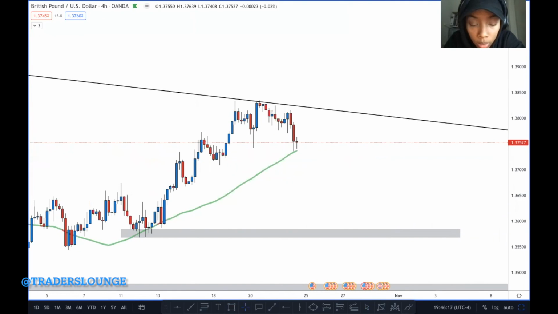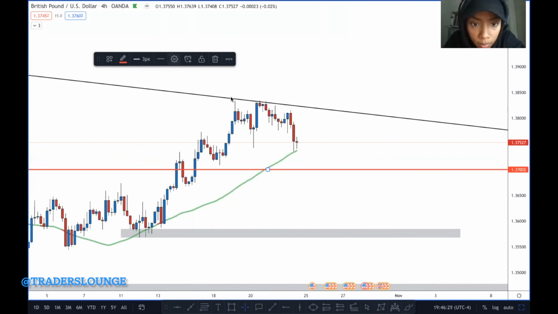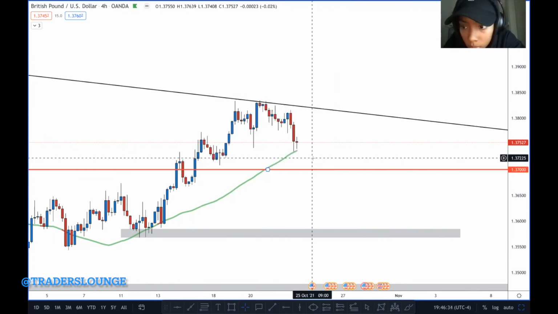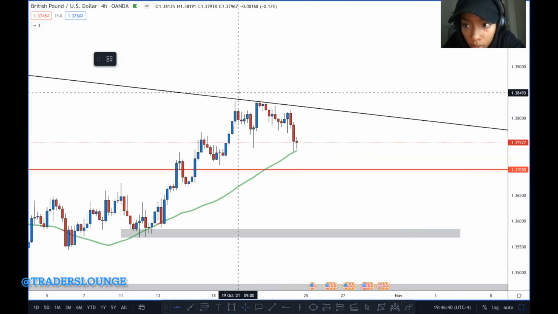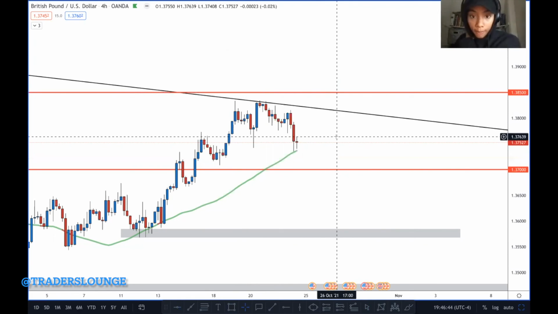Okay. And then these quarter points here, 137, it's an area. And if price breaks above, we could potentially go to 138.5.